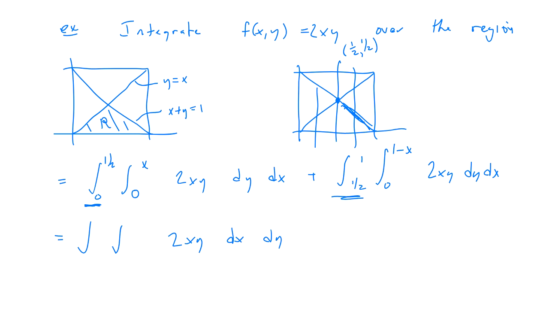So let's do the same thing for dx dy. Now we let y be the typical constant and ask the same type of question. What's the smaller to the larger function, which means left to right. So what is the function on the left? y equals x, so x equals y. And what is the function it hits on the right? x plus y equals 1, so x equals 1 minus y.